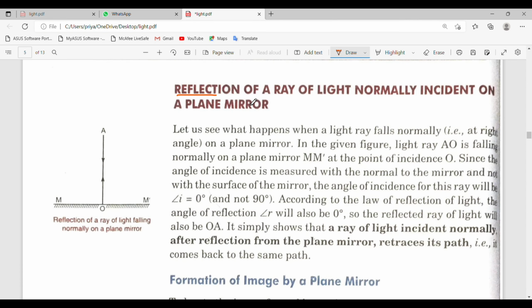Now, reflection of a ray of light normally incident on a plane mirror. When light is normally incident on a plane mirror, what happens?